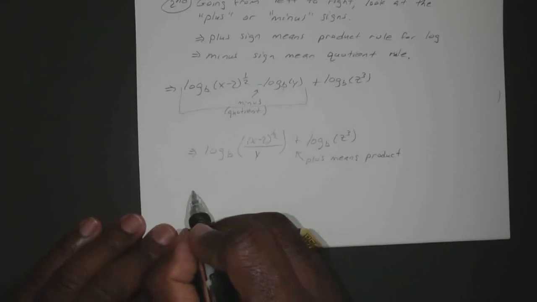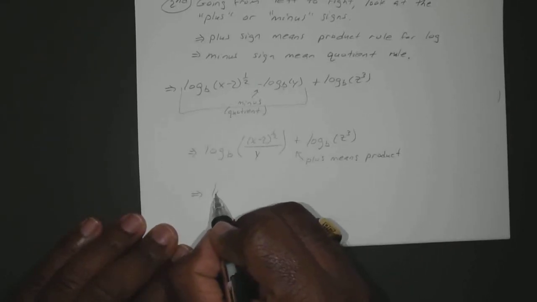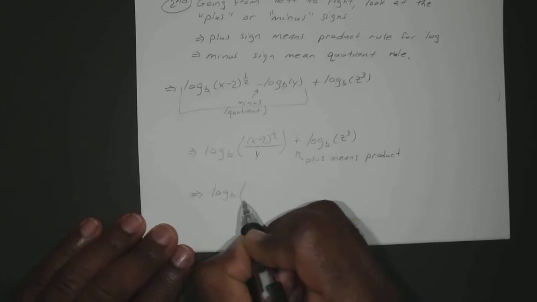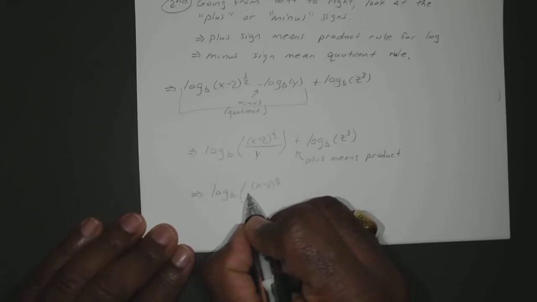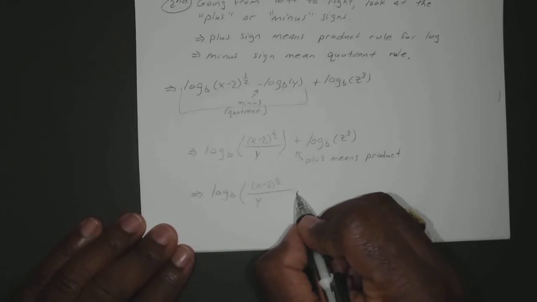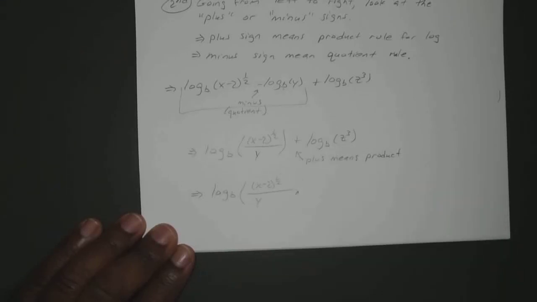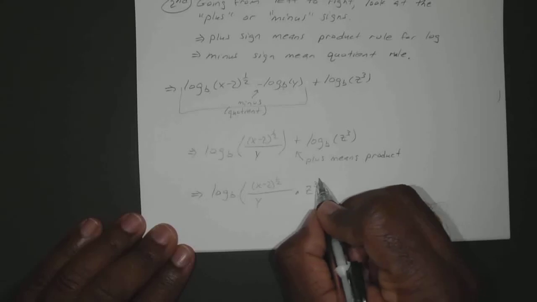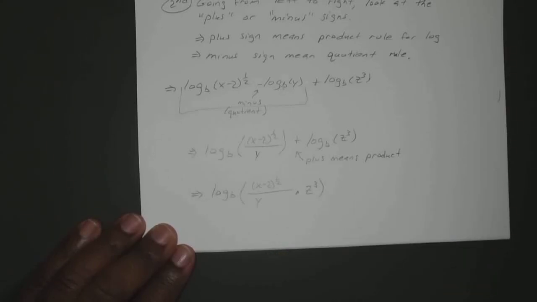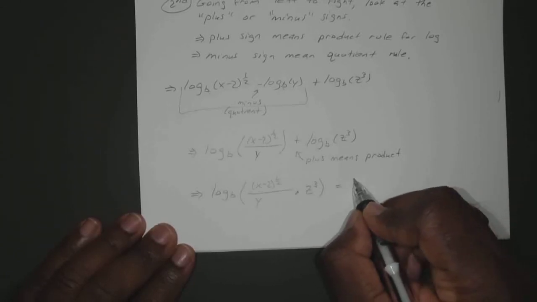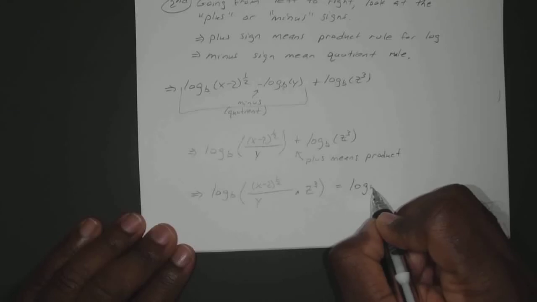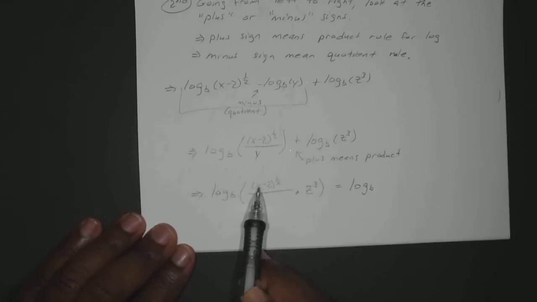So since that's the product rule, it's going to give us log base b of x minus 2 to the 1/2 power over y times z to the third. And of course, we can just get that z to the third and put it up top. Okay, so that equals log base b. Remember, x.